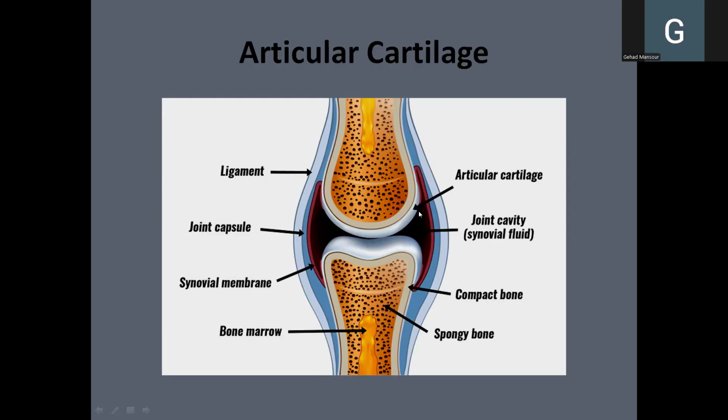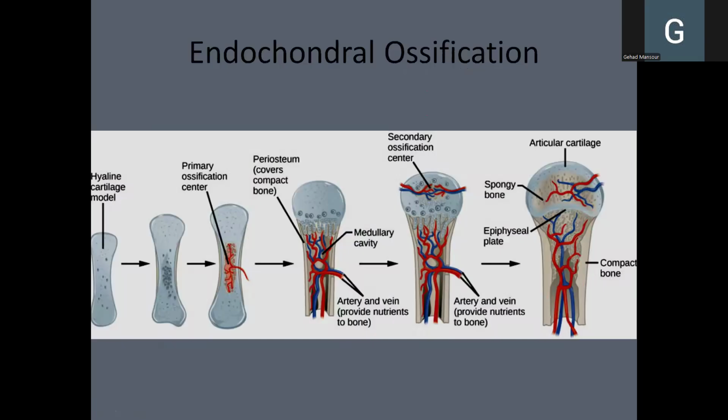The presence of fluid in between the articular surfaces is a second important factor to prevent friction in the joints. So friction between the ends of the bones inside a joint cavity is prevented by the smoothness of the articular cartilage and by the synovial fluid that is rich in hyaluronic acid and in other substances that make it viscous and that lubricates the joint.